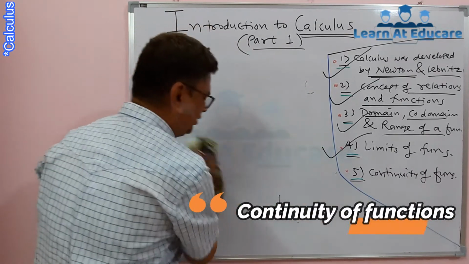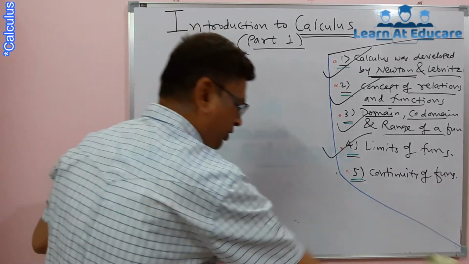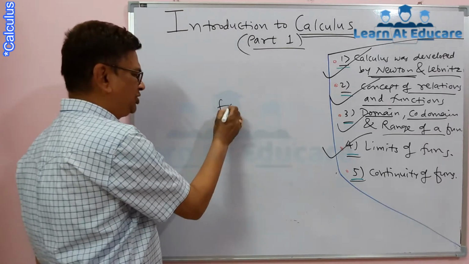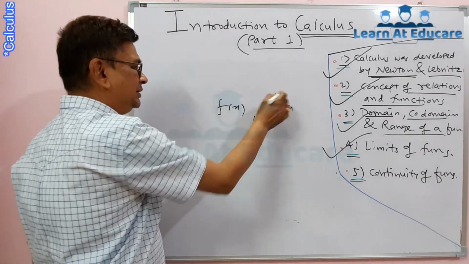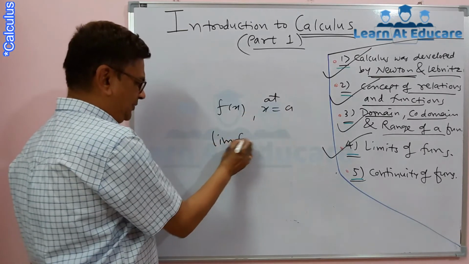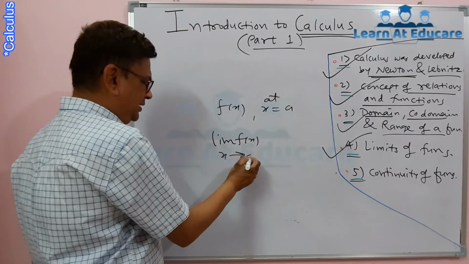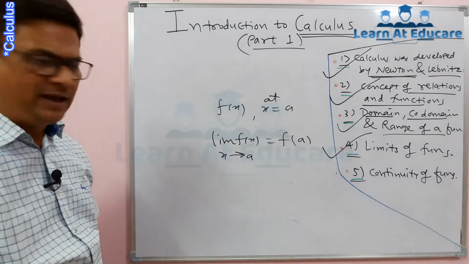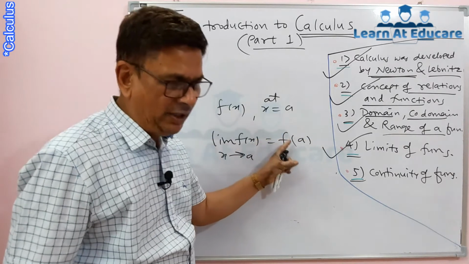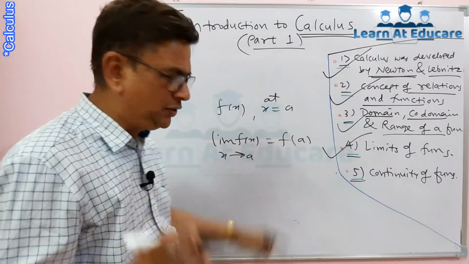A function is said to be continuous, suppose it is the function f(x), and if it is continuous at x = a, then we have this condition: limit f(x) as x tends to a should be equal to f(a), where f(a) means the value of f(x) at x = a.